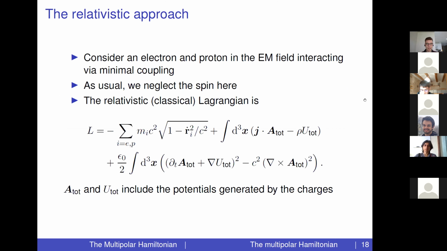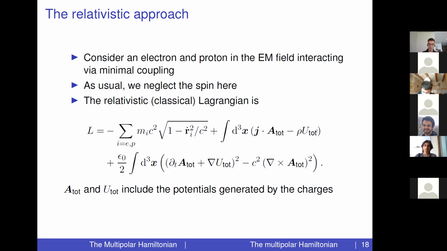Similar to what we did last week, if we consider an electron and a proton that interact minimally with the electromagnetic field, and again, we will not consider spin here, then we can write the relativistic classical Lagrangian, where this is the relativistic expression for the particle content. We have here the field content and a minimal interaction between the charge currents and the charge densities and the fields.